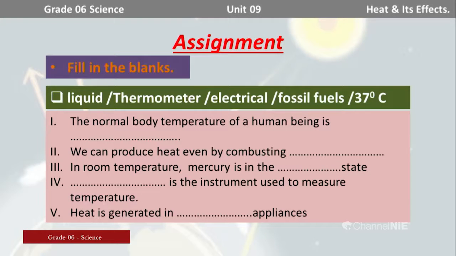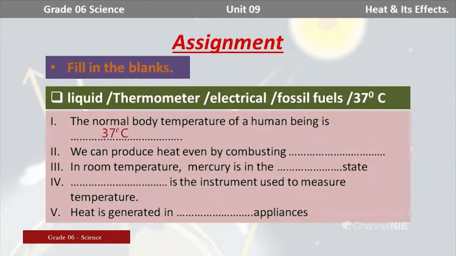The normal body temperature of a human being, what is it? That is 37 degrees Celsius. We can take it in Fahrenheit, but that is not given as an answer, but you know when it is taken in Fahrenheit it is similar to 98.6.